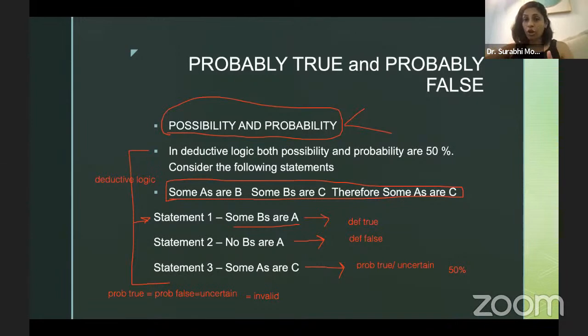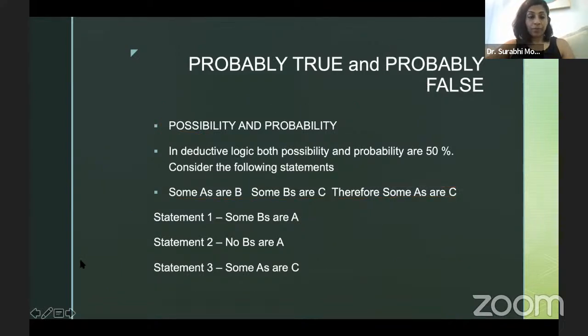But in inductive logic, when you are reading a portion, then from what you read, sometimes a statement that is given has a higher chance of being true versus its opposite. So let's take that example from inductive reasoning.